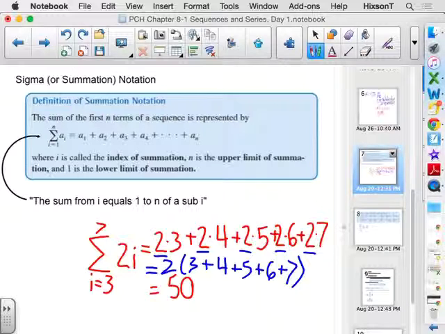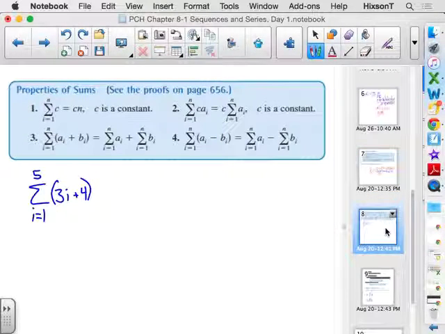And that leads us to one of the properties that we want to look at. If we have a constant times whatever it is that has the index, we can pull that constant out. So here we had c times a sub i, and we pulled the c, the constant, outside of the sum.